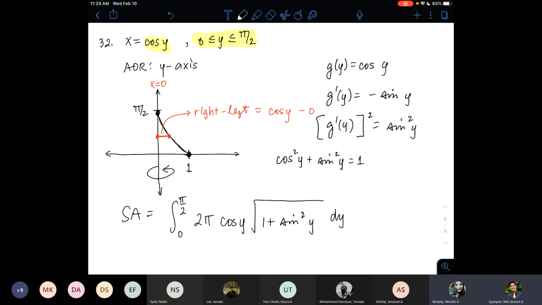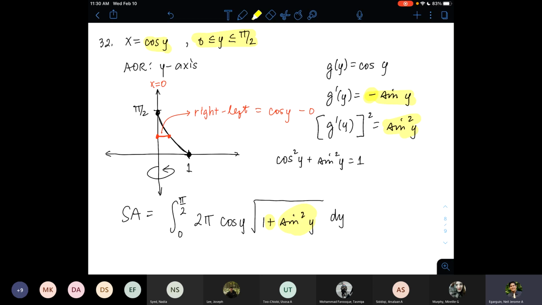It won't be negative sine squared, because remember, the formula requires 1 plus derivative squared. So I need to square the derivative. The derivative is negative sine y, okay? If I square both sides, the negative sign will cancel out.